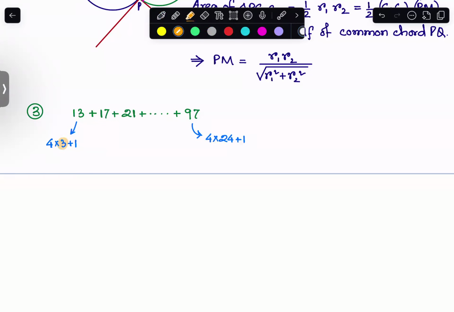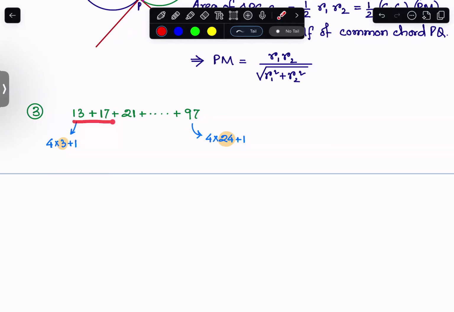So basically, the number of terms in this addition is the same as starting from 3 going up to 24, number of integers, because we are continuing from 1 more than third multiple of 4 to 1 more than 24th multiple of 4.